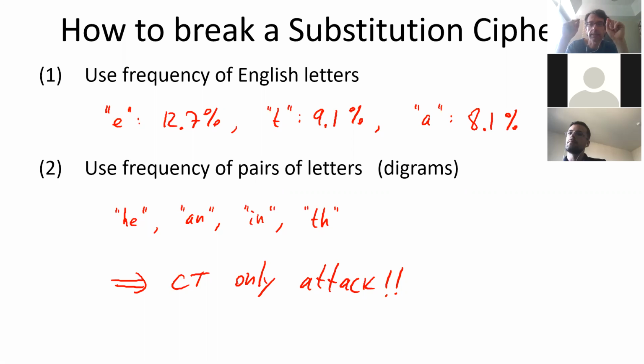I see alphabet letters, and I will be able to decide what the corresponding plaintext was from this frequency information. So this frequency information is freely available. You can look at web pages where even trigram or even 4-tuples frequencies are measured.